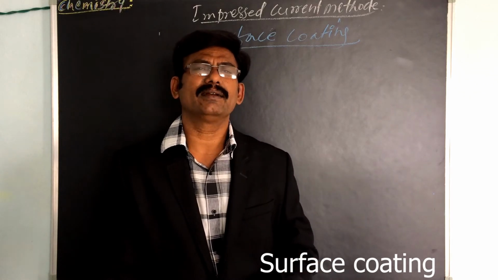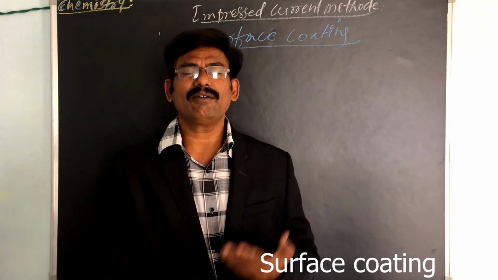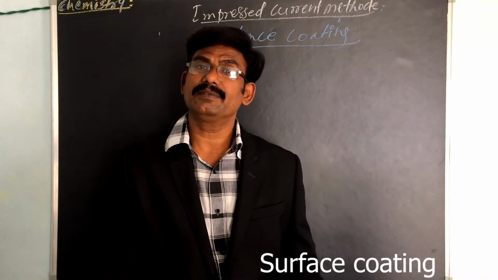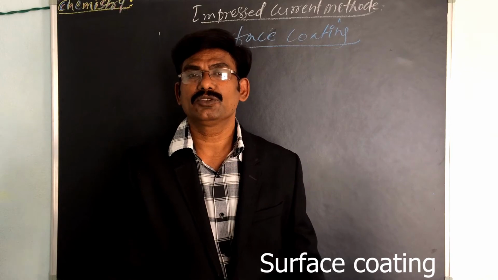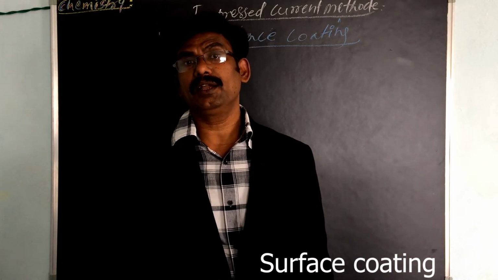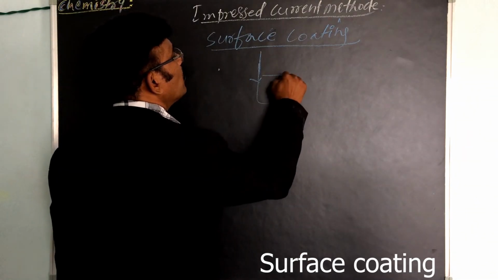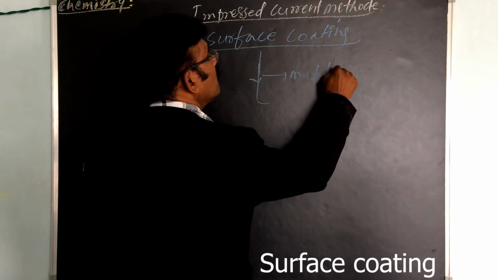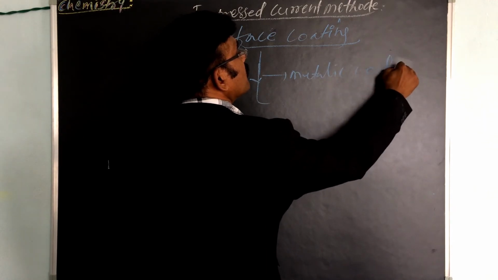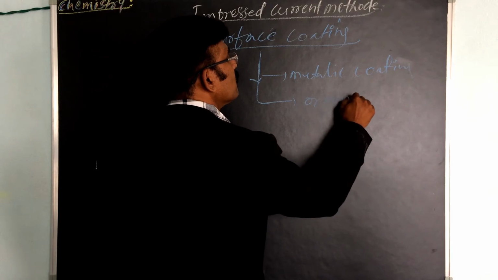Painting is the best example. Nowadays different types of coatings have come. Mainly there are metallic coatings and organic coatings.